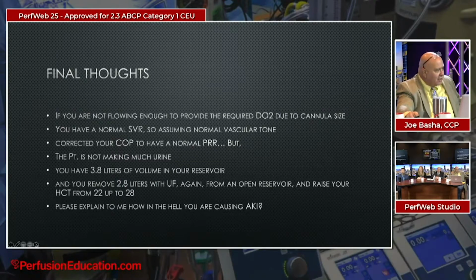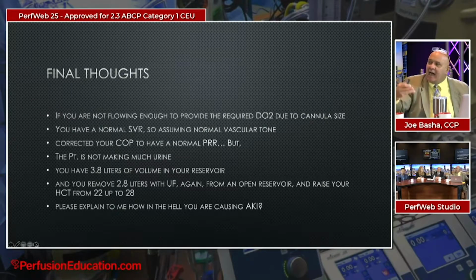You've corrected your COP to have a normal plasma refill rate. Now you've given albumin to deal with that; it was in your prime, let's say. The patient is not making much in the way of urine at that moment. You have 3.8 liters of volume in your reservoir, and you remove 2.8 liters of that with ultrafiltration. Again, from an open reservoir; we use an open system. Even a bag is kind of an open system.